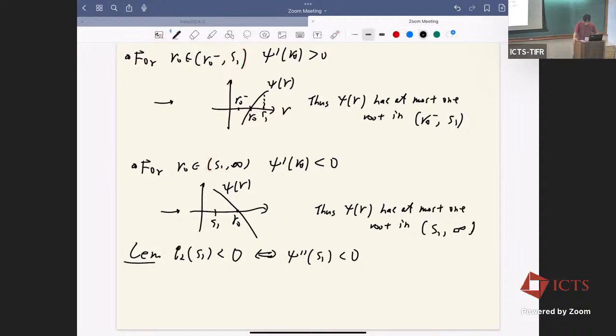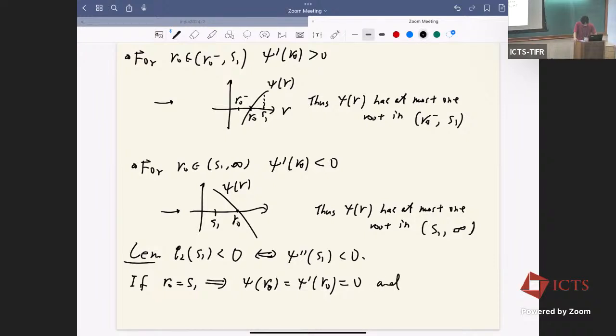So what happens if R naught is equal to S1? Then psi R naught is equal to psi prime R naught equal to 0, because we assume that R naught equals S1.